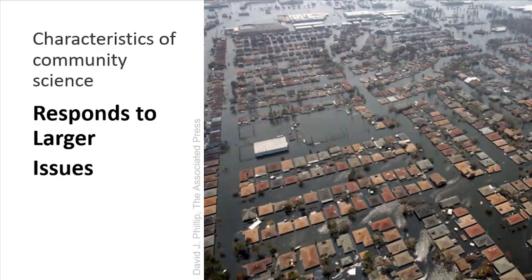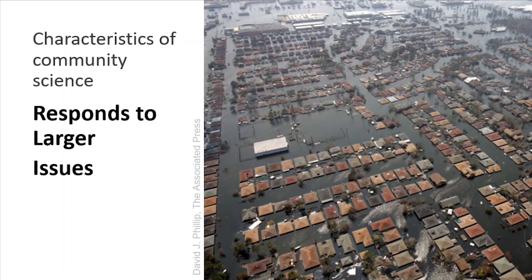And building on that a little bit, community science responds to larger issues. It recognizes that the scientific or technical issue communities are facing is part of a whole host of larger issues. An example of what this might look like is from Hurricane Katrina. This is a snapshot of the Ninth Ward after the hurricane.